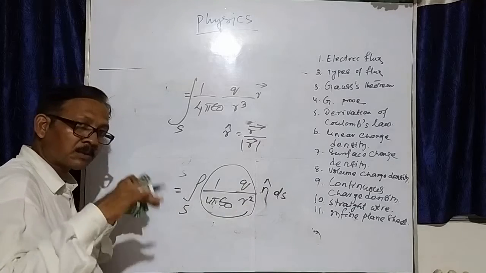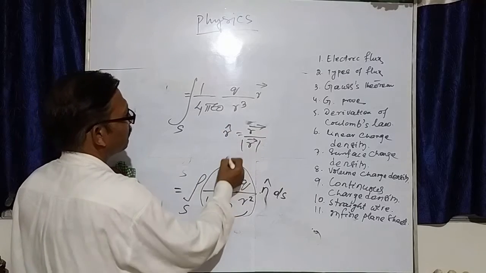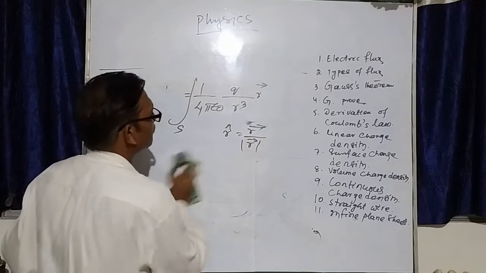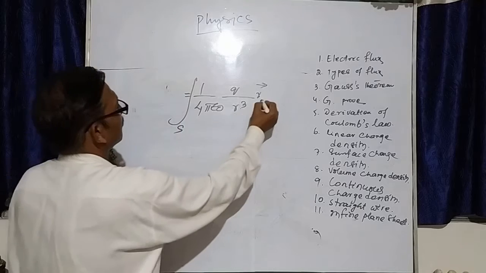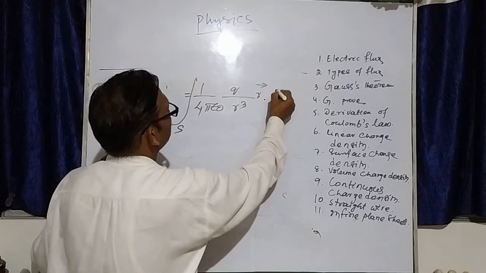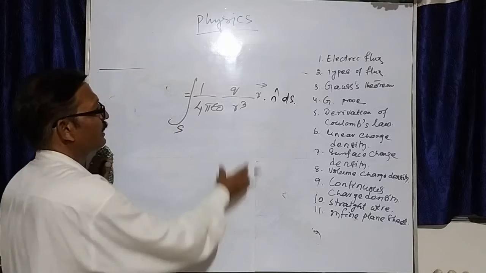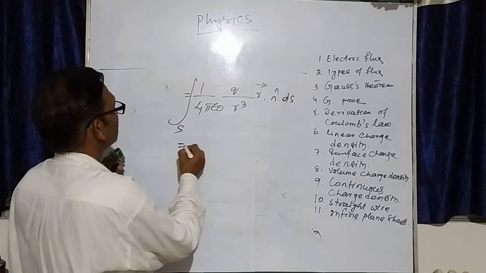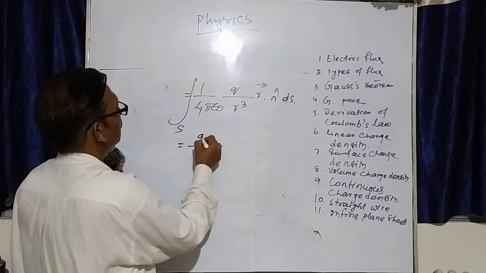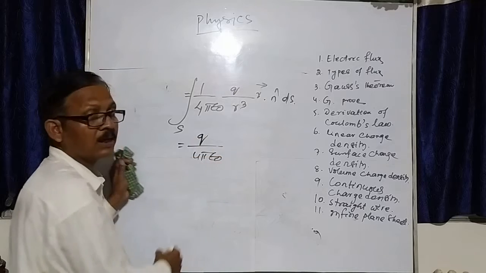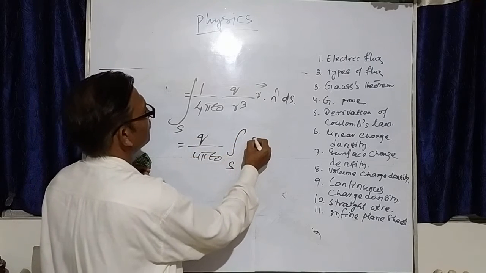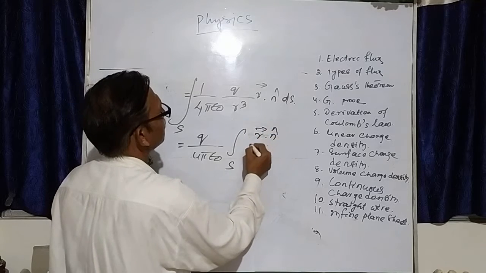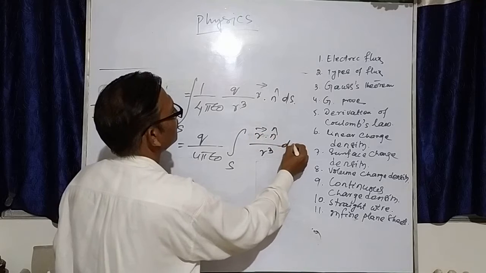So electric field in vector form is multiplied by this vector, equal to q, dot n cap ds. Here electric field, the unit vector and the surface area. So this is q by 4 pi epsilon 0, you take the constant out, times r vector dot n cap by r cube ds.